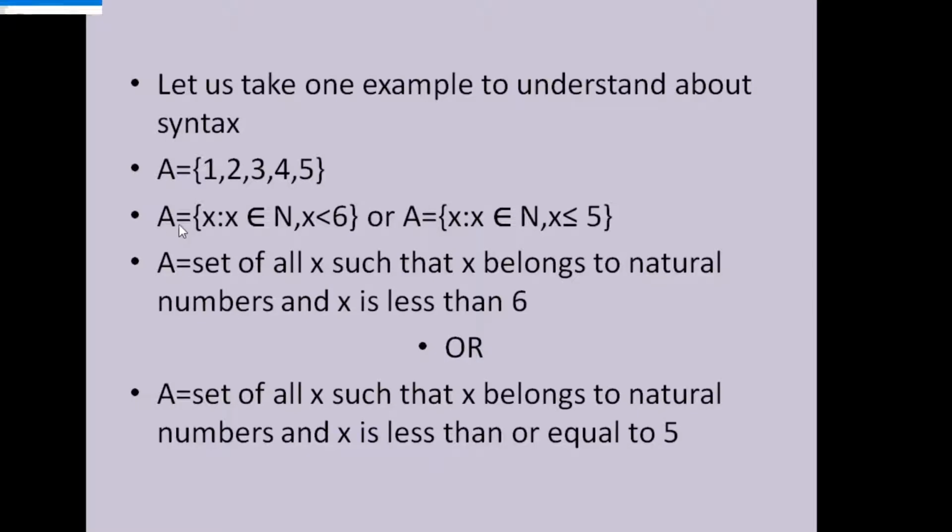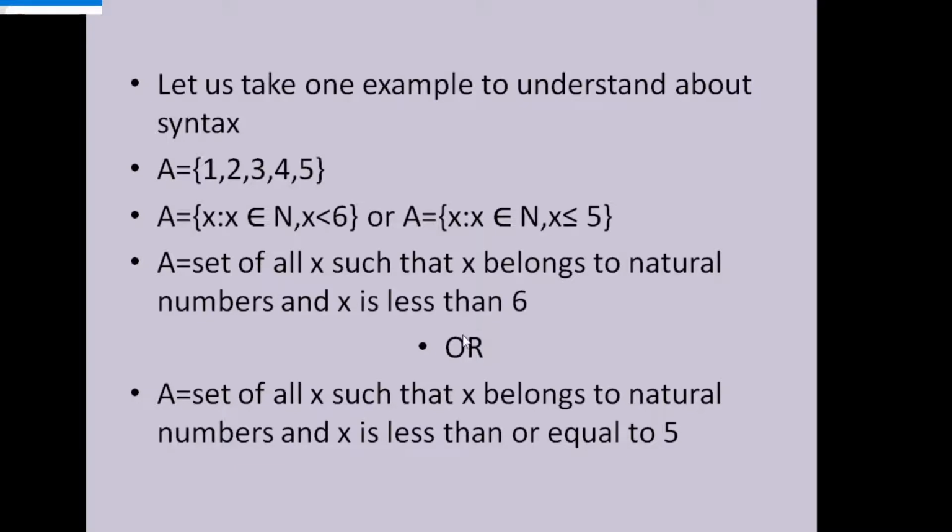What I have written here in the form of syntax, I have written just for your understanding in words. So set A is equal to set of all x such that x belongs to natural numbers and x is less than 6.